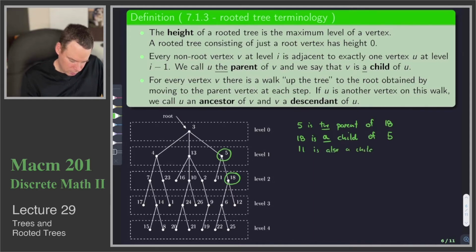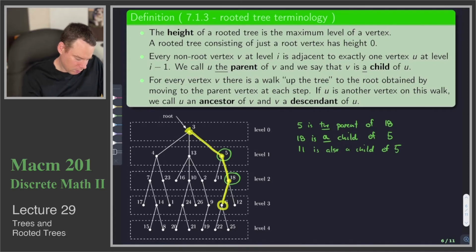For every vertex v, there is a walk up the tree to the root obtained by moving to the parent vertex at each step. For example, if I'm down here at 6, I could go up the tree to its parent 18, then go to the parent of 18, which is 5, then the parent of 5, which is the root 3.